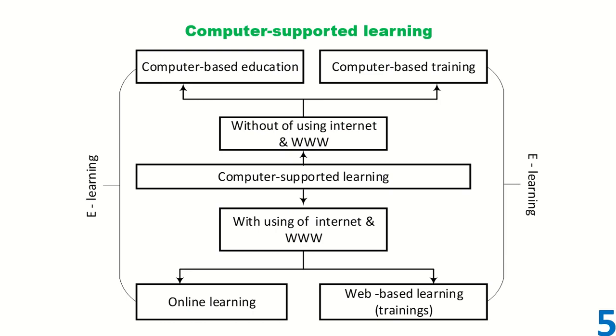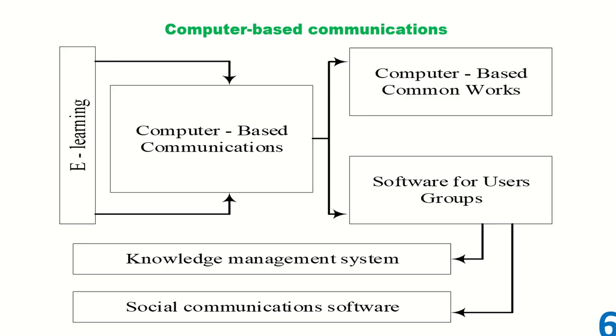If we select computer-supported learning, there are a lot of opportunities now, from classical computers to smartphones and other gadgets. But finally, we select online learning and we interpret it as web-based learning using the internet and the newest means of the internet.